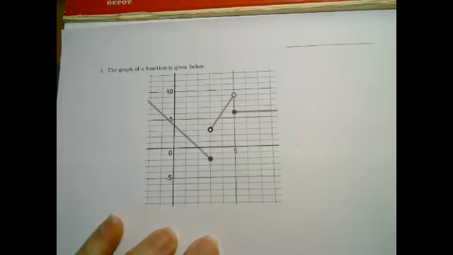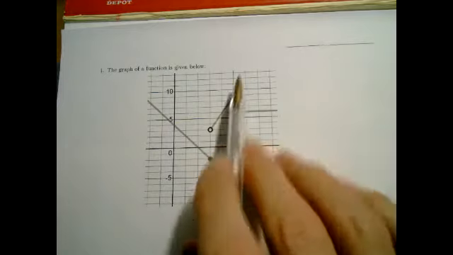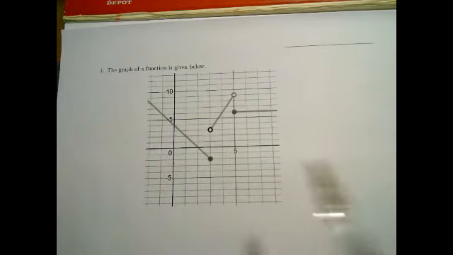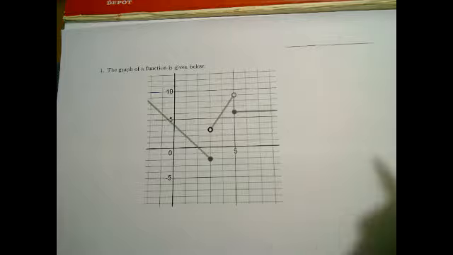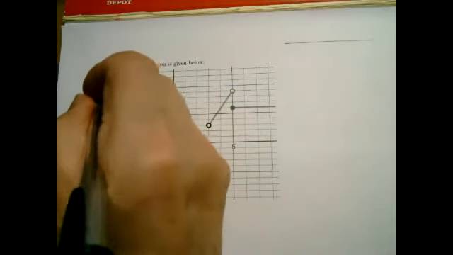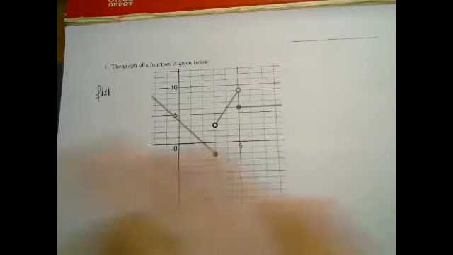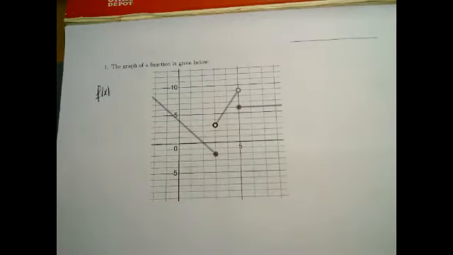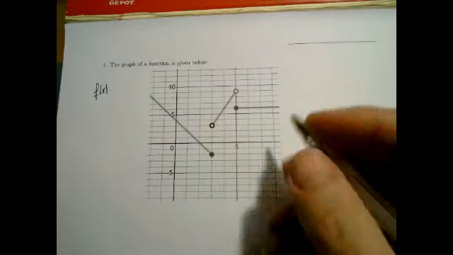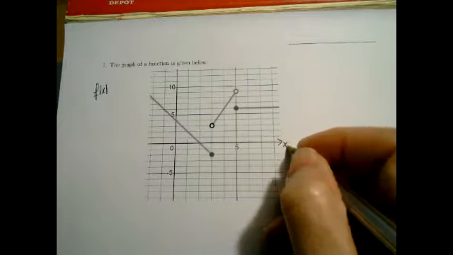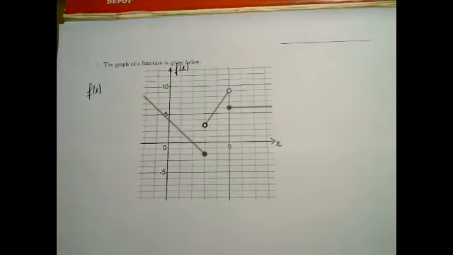So suppose this is a graph of a function, the graph of a function f of x. You can see some holes closed, some holes open, and so on and so forth. This is the input values, and right here I have the output values.